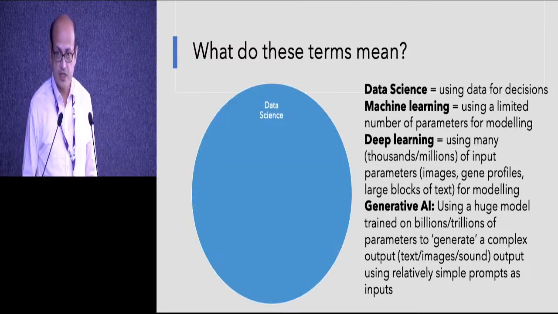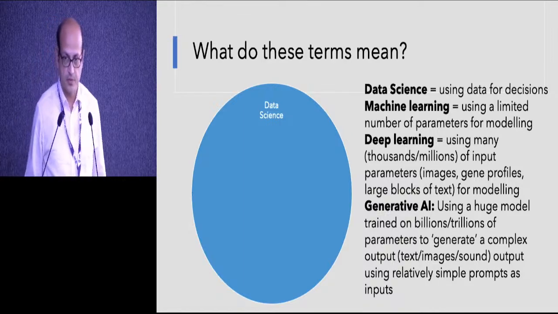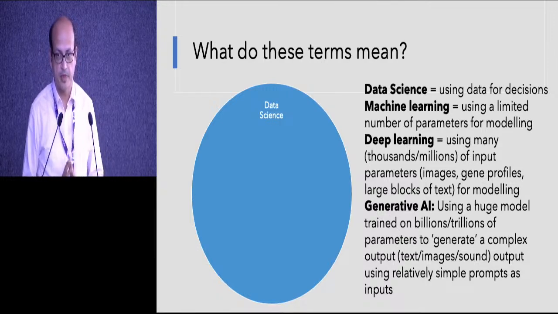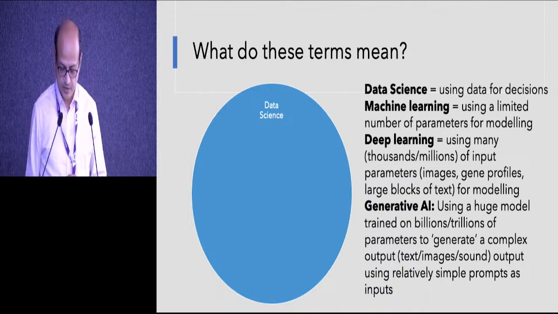Now, when you want to learn something from that data and use that data to make predictions without specifying a particular formula for using the data and the numbers, and you want to give some examples and make a computer program understand the examples and give you a prediction without giving it a formula, without giving it a particular pathway, then that is called machine learning, right? So machine learning is a subset of data science.